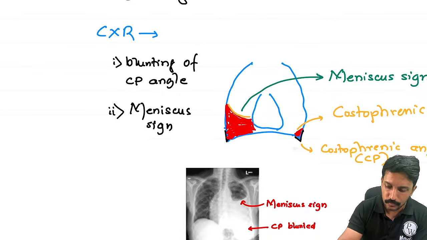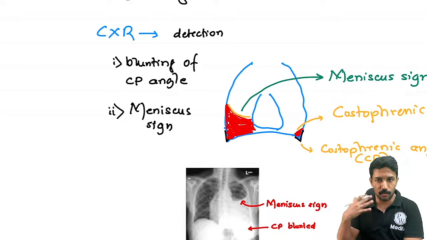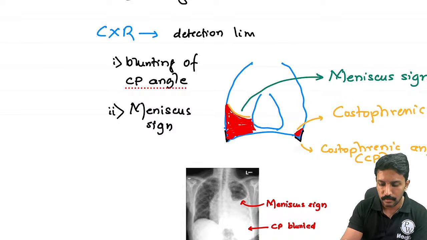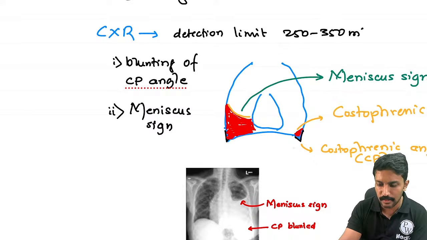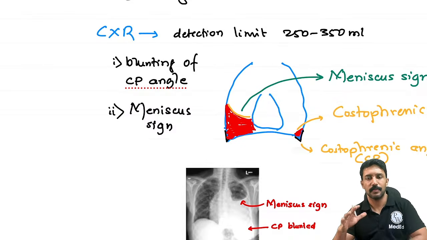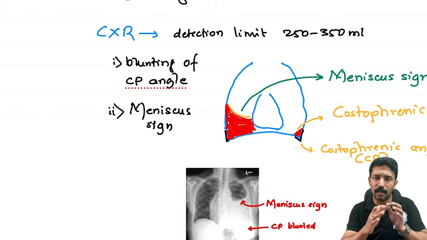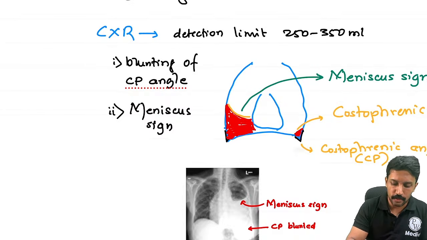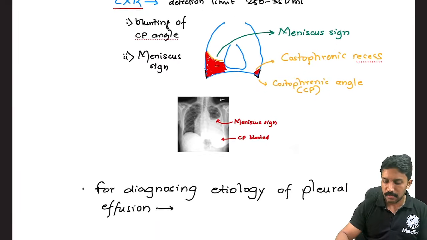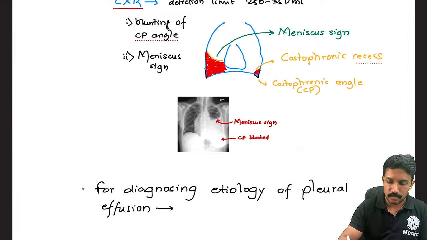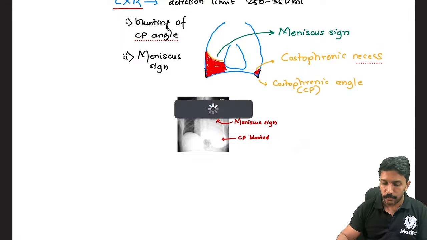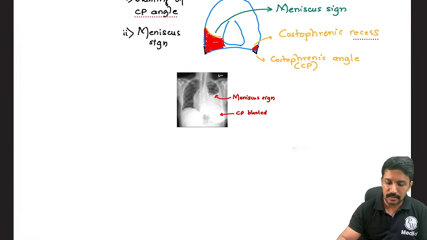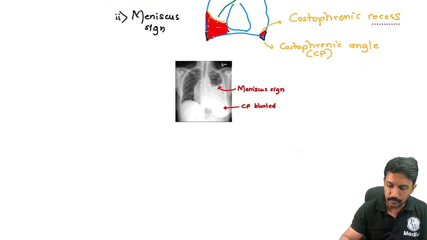So the detection limit for the normal upright X-ray is usually 250 to 350 ml, and less than that the chest X-ray will miss it. But if I do a lateral decubitus X-ray, I may be able to detect a lower value. Okay, so what other investigation can I do apart from the chest X-ray? We can also do ultrasound and CT scan, a CT scan of the lung.